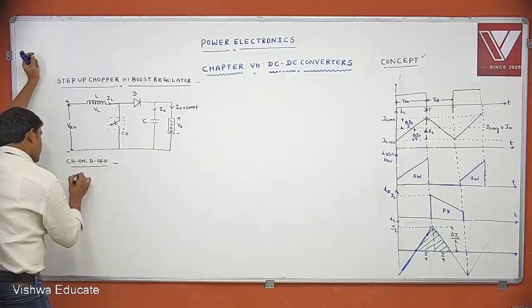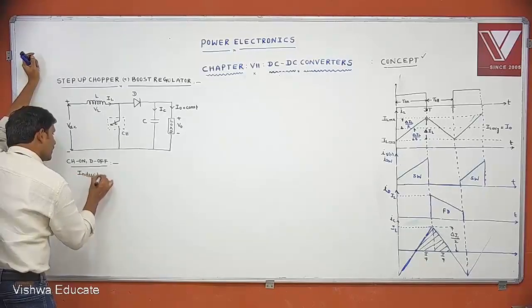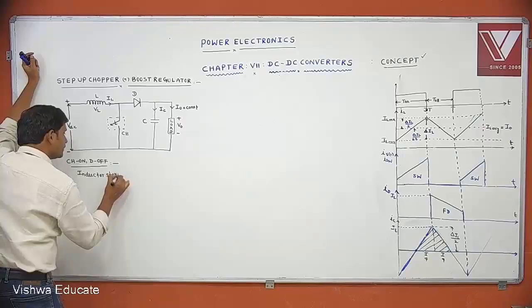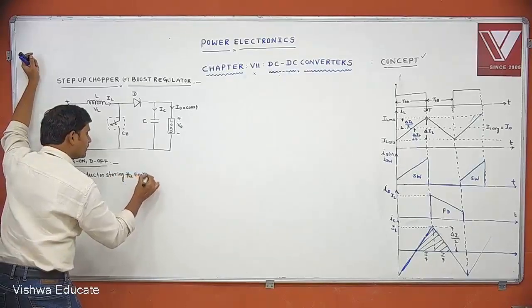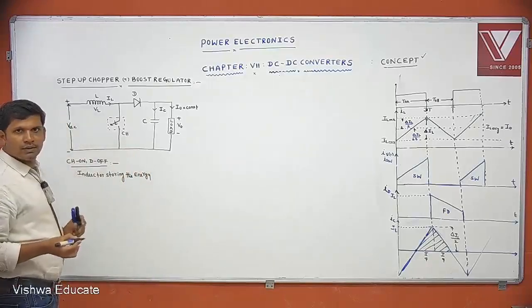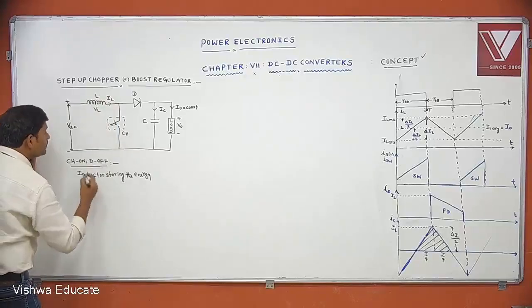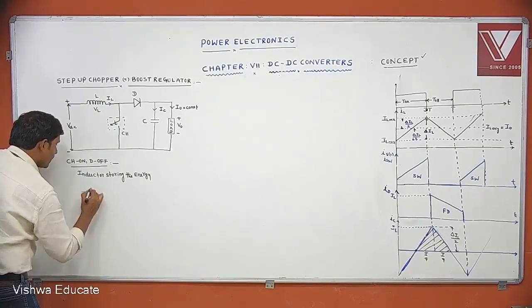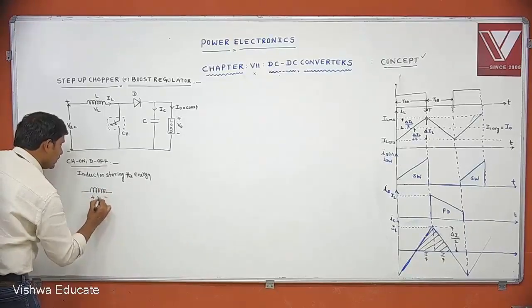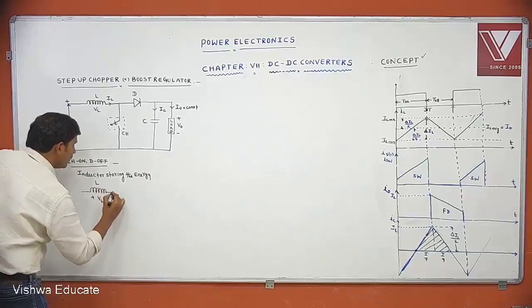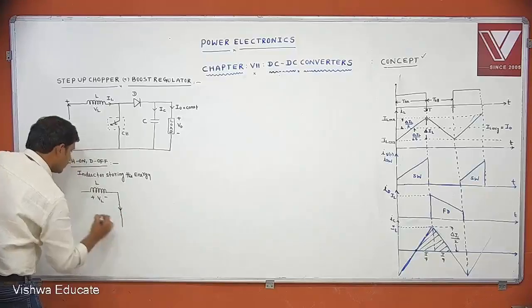What is the equivalent circuit? Then the inductor is storing the energy. Now, for the equivalent circuit: plus minus VL, chopper or switch is on.